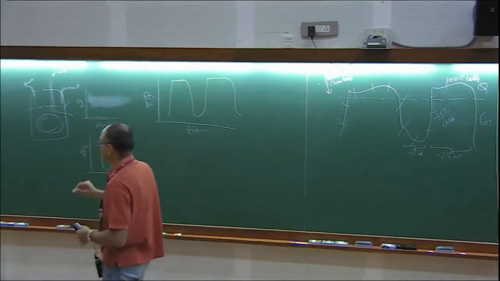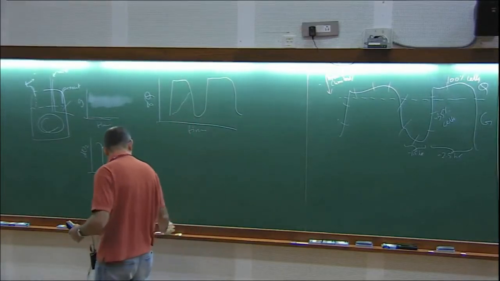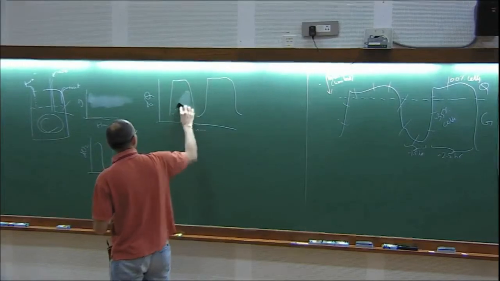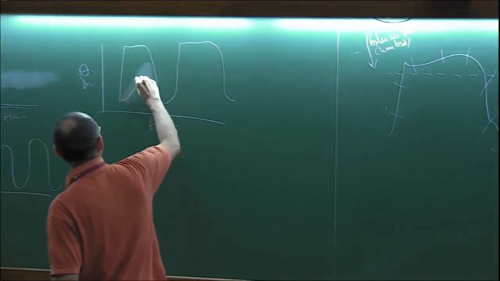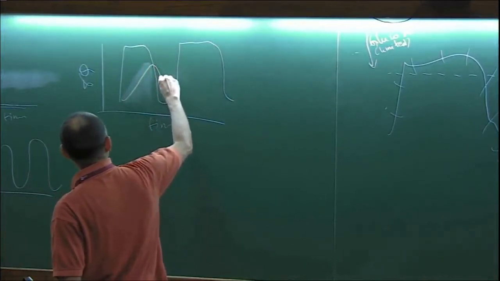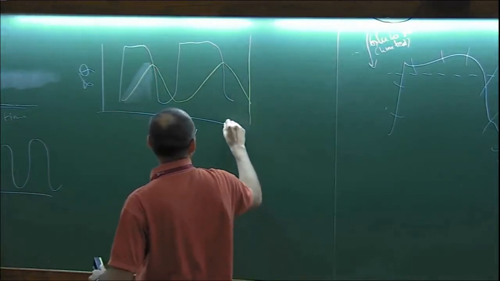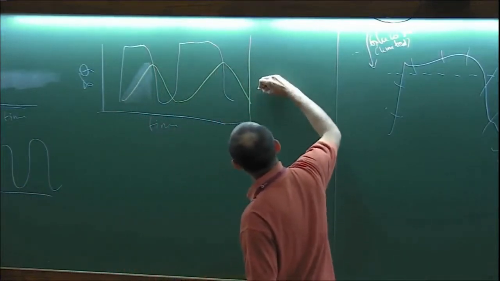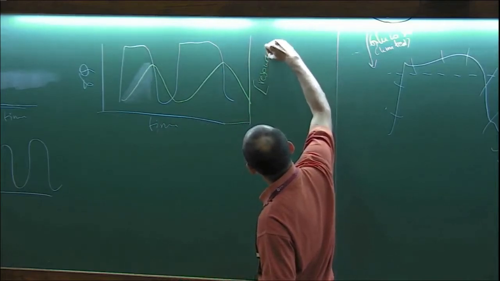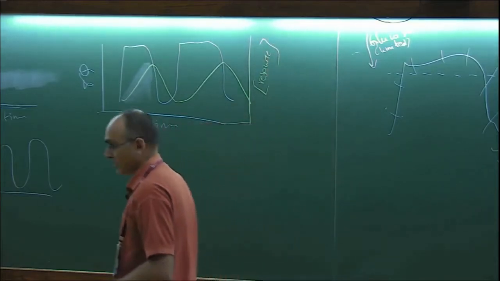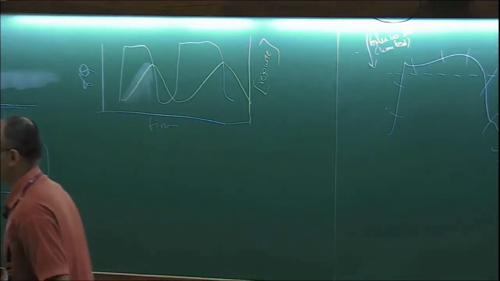And then his model predicts that the resource goes up like this, comes down like this. Okay, so here you have the resource. That's the resource, and this is the fraction Q, and this is what his model predicted.